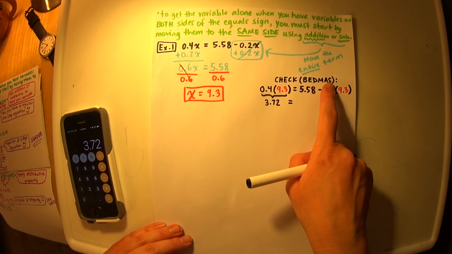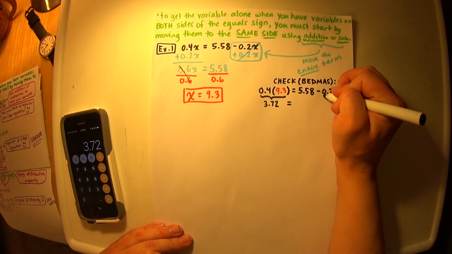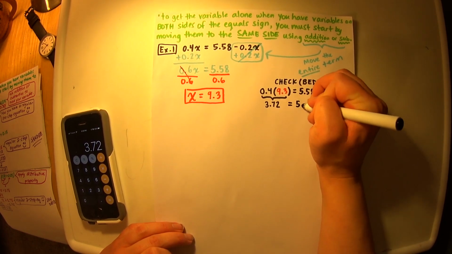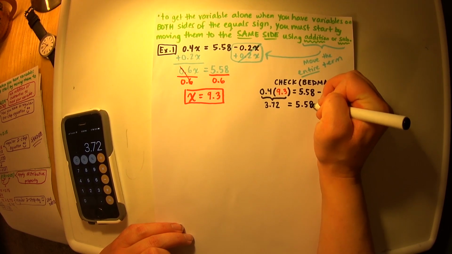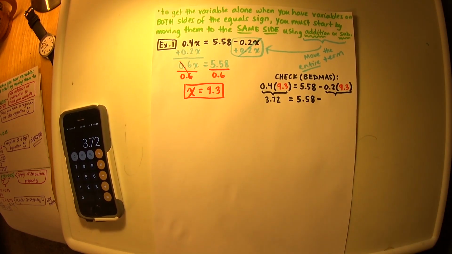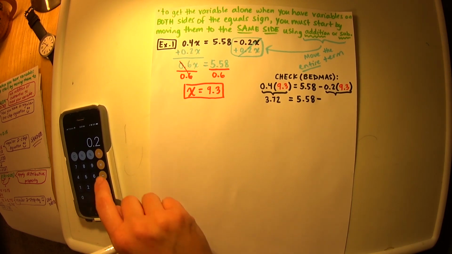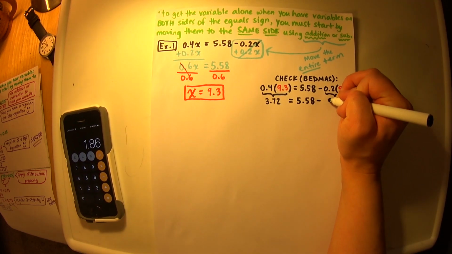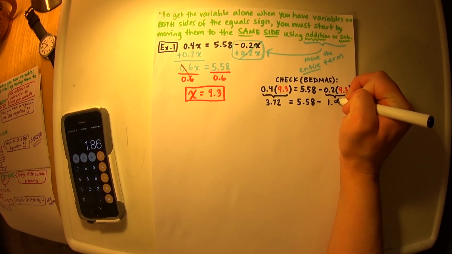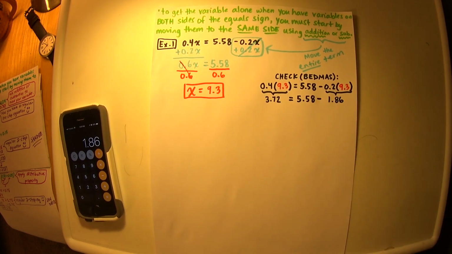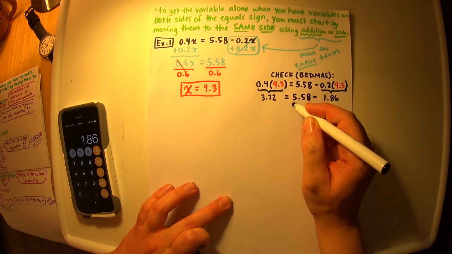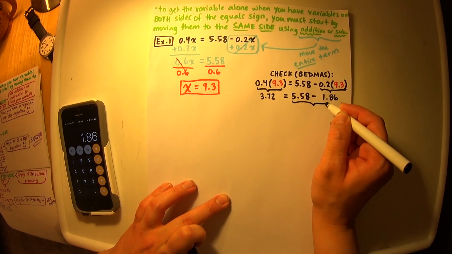Division and multiplication come before addition and subtraction. So I need to multiply before I subtract. I'll bring down what I'm not dealing with right now. So this 5.58 minus, I'm not doing anything with, but I am multiplying 0.2 times 9.3. That comes out to 1.86. Now I'm done with division and multiplication. I can move on to addition or subtraction, in this case, subtraction.